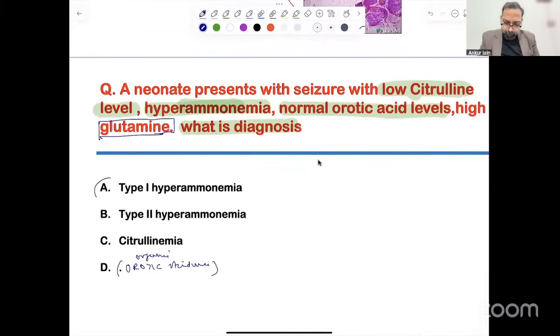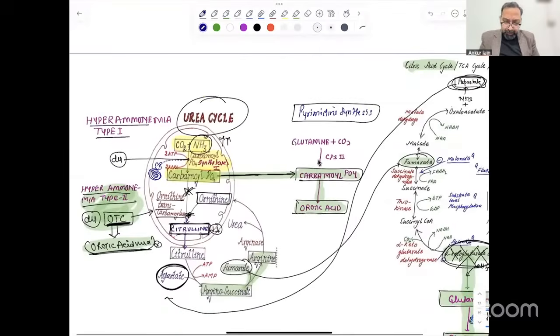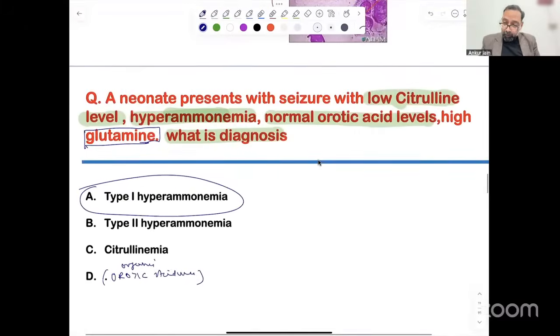Let me tell you the answer first. If type 1 hyperammonemia, CPS1 is deficient, then ammonia will be increased: hyperammonemia. Carbamoyl phosphate will not be produced, citrulline will not be produced, orotic acid will not be produced. That's hyperammonemia: low citrulline level, hyperammonemia, normal orotic acid level.